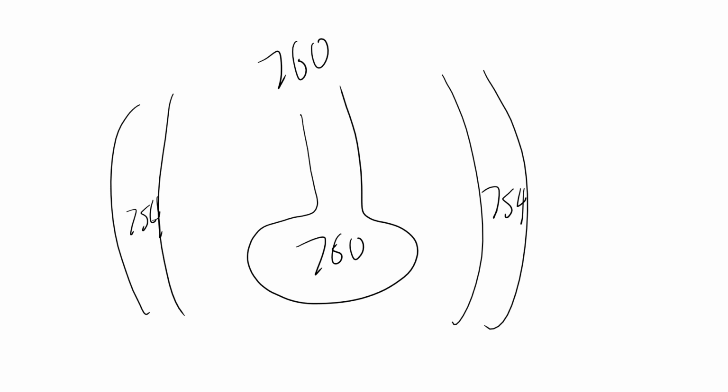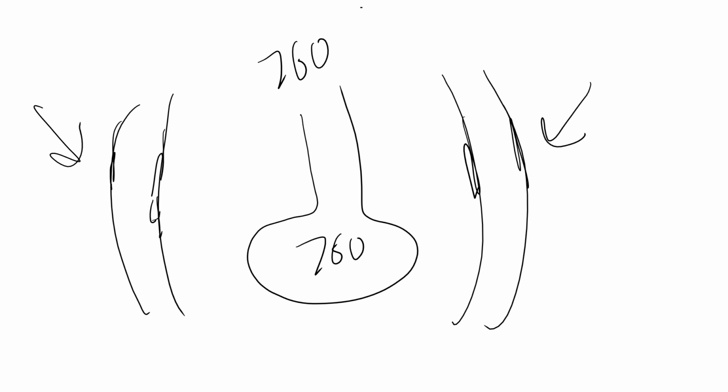The chest wall moves down and inward, bringing the visceral and parietal pleura closer together. If the visceral and parietal pleura get closer together, that decreases the volume of the pleural cavity, and that increases intrapleural pressure from 754 to 756.